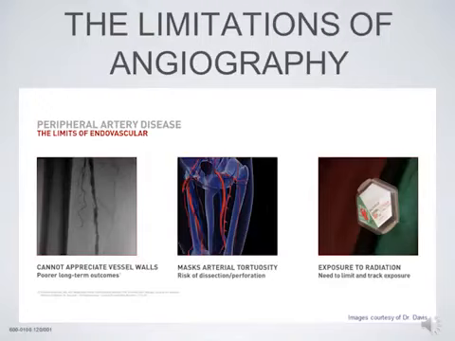It masks the tortuosity. Certainly when the leg is bent, you can see what the SFA looks like, and when it's in a straight portion, it looks just like a straight line. And exposure to radiation is a significant problem for both the patient and the physician.